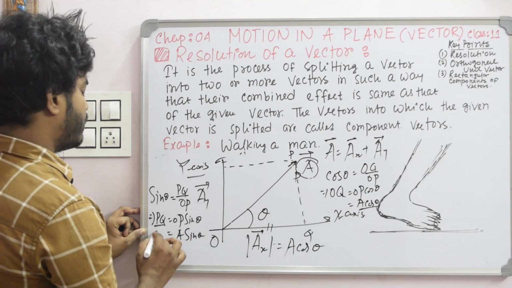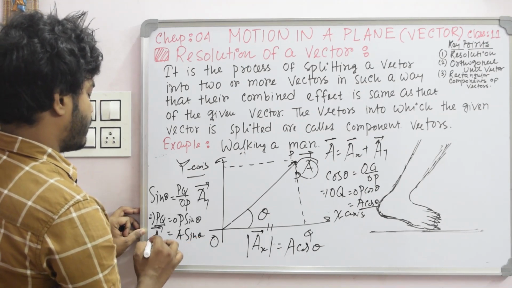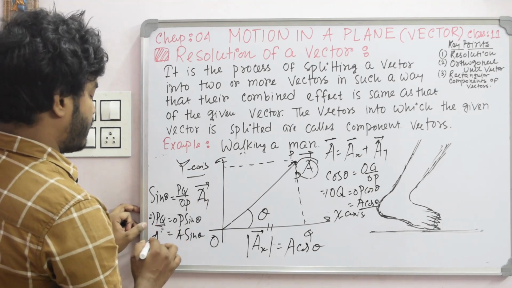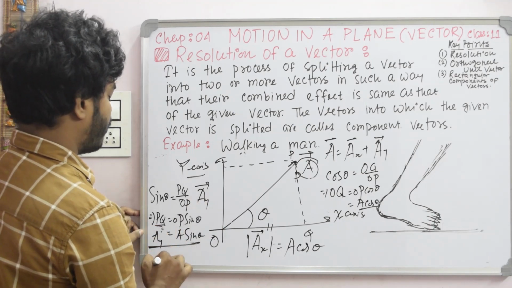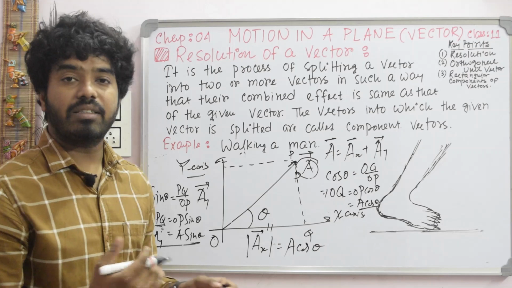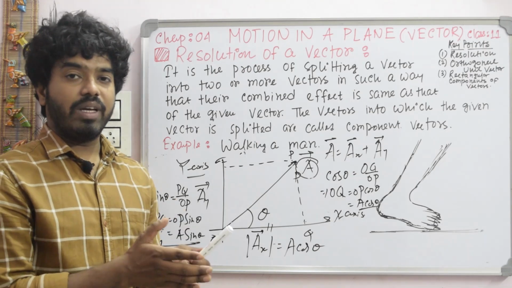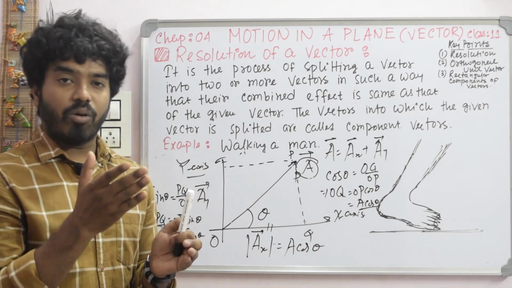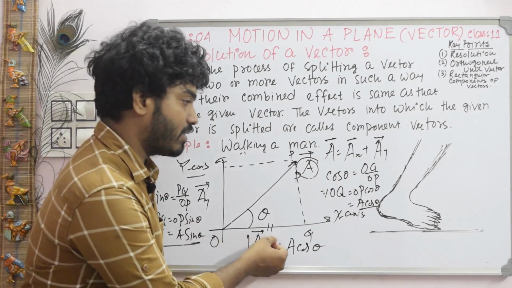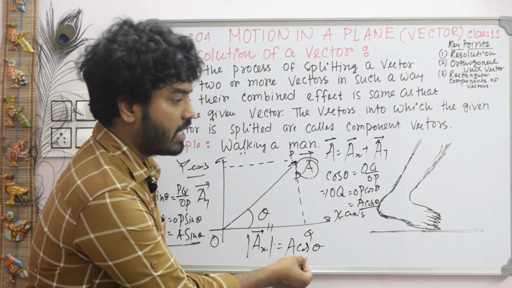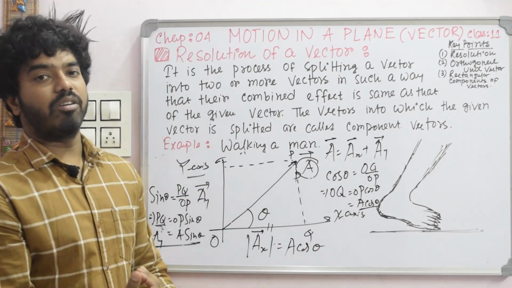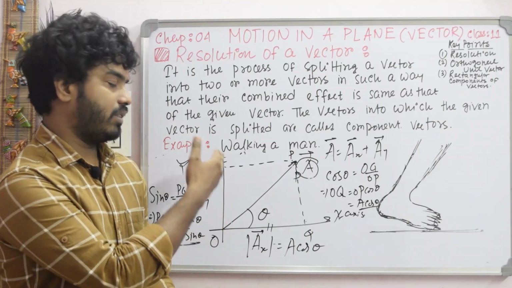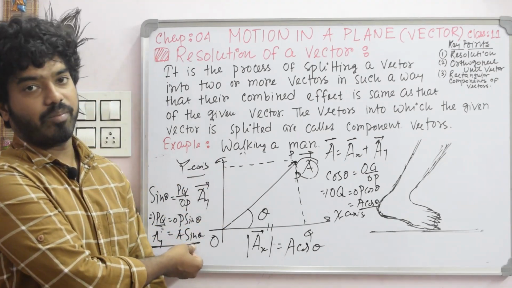So PQ, that is A vector, has a y component which is named as A sin theta. So A vector has two components: the horizontal component along x axis, which is A cos theta, and the vertical component along y axis, which is A sin theta.